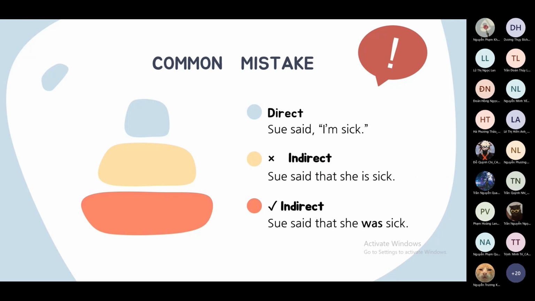Like in this example, the direct speech is "I'm sick," she said, and the wrong sentence is "she said that she is sick." So we must use backshift and change the tense into "she said that she was sick."